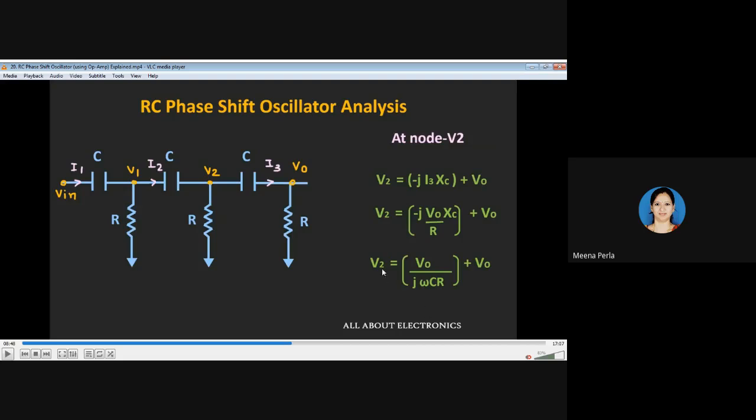So you can write V2 is equal to V0 by, first write this expression, because V2 is the voltage which is going to be calculated in terms of V0 because of this capacitor C, where we have I3 current.